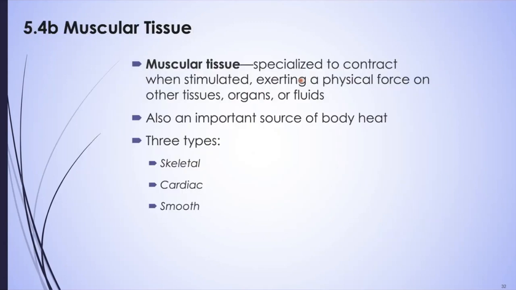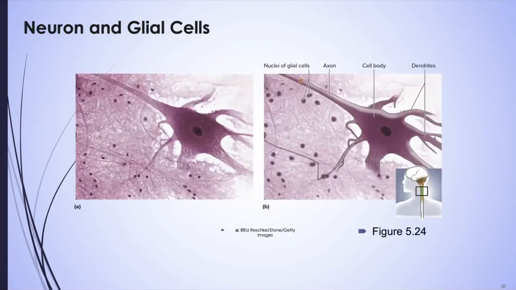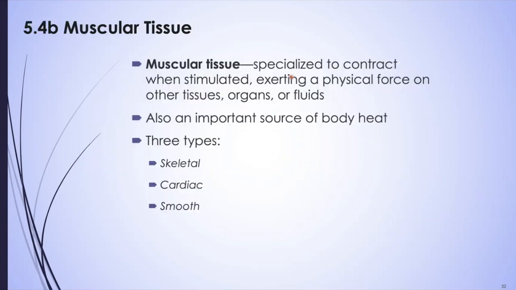Muscle tissue. Skeletal muscle would be a perfect example of another type of cell that receives a message from the axon of a neuron. Your muscle tissue is very specialized to contract when stimulated, okay? It actually exerts a physical force on other tissues, organs, and fluid.